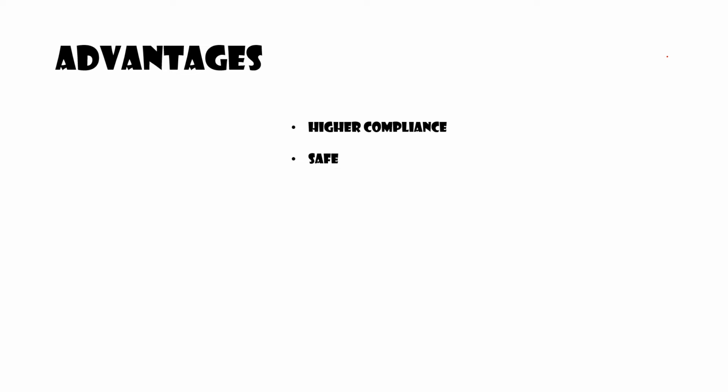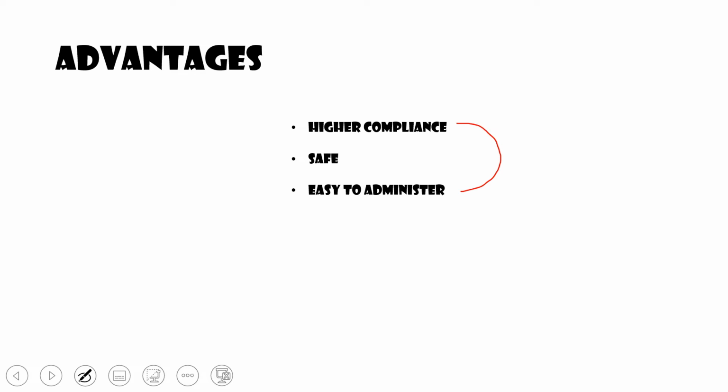First pass effect is when the drug is metabolized by the liver first before it gets into the systemic circulation. This is called first pass effect, and it occurs in most orally administered medication. It is also easy to administer, just like I said earlier, which could be linked to the compliance as well.